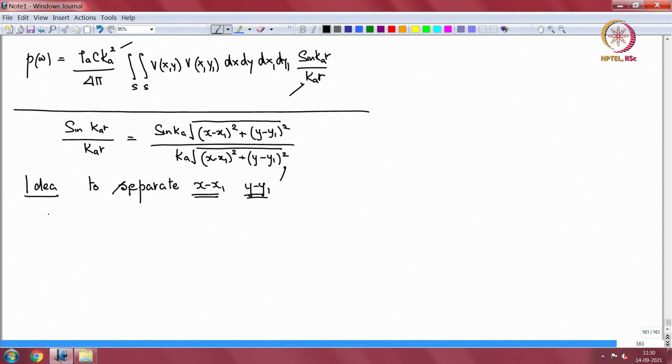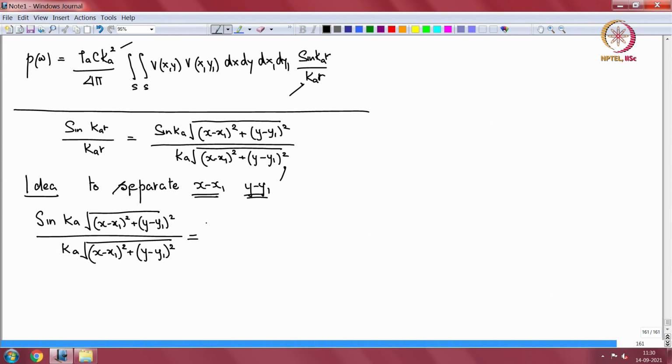We have a very nice relation: sin of ka times the square root of (x minus x1) squared plus (y minus y1) squared, by ka times the square root of the same, given by this relation, integral 0 to 1.